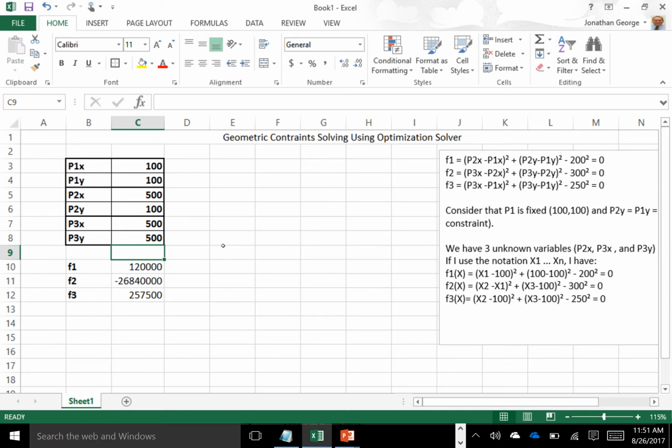Now what we need to do, if we're going to use an optimization method, is combine these constraints into a single equation which needs to be minimized. So ultimately we want to find the roots of these equations, or in other words where they truly are equal to 0. We're going to manipulate P2x, P3x, and P3y in order to get all of these equations to be true.